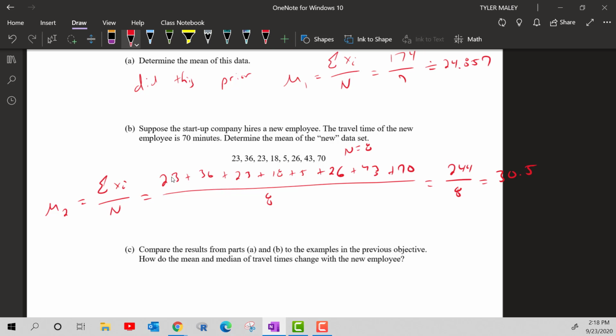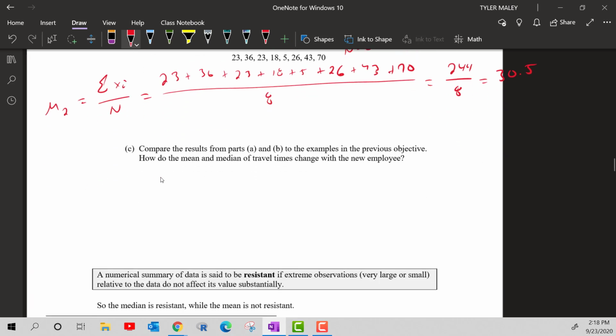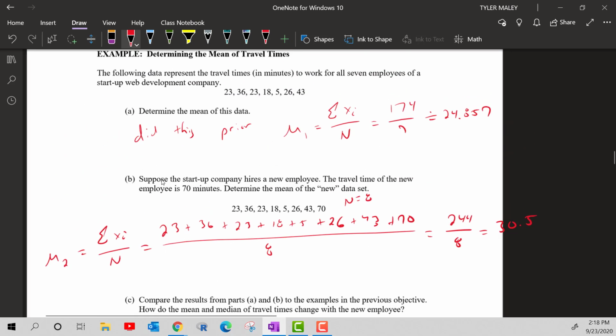So we want to compare these two values. Compare the results from parts A and B to the examples in the previous objective. How do the mean and median of travel times change with the new employee? So what you'll notice is, if we're comparing the means, the mean with that one number 70 increased by quite a bit.